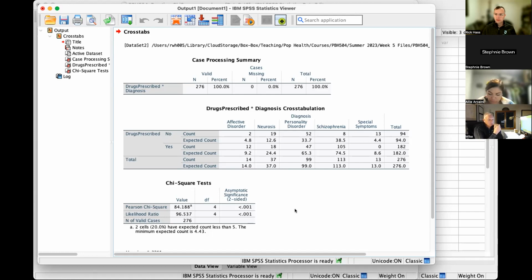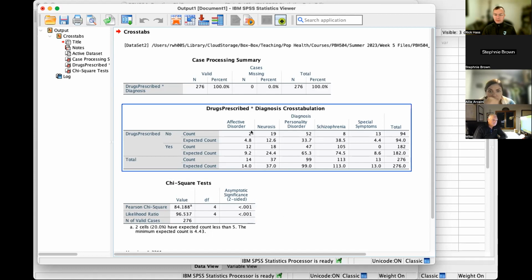Well, we have evidence, right? We have a lot, actually. So small p means we can reject. Large chi-square, small p, reject the null hypothesis. If we had a large p, small chi-square, we wouldn't have evidence to reject.